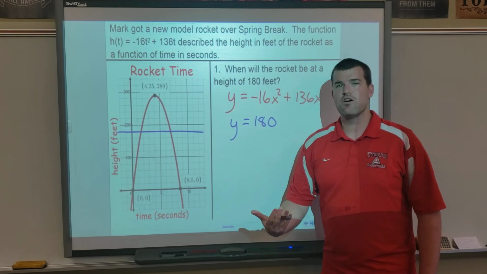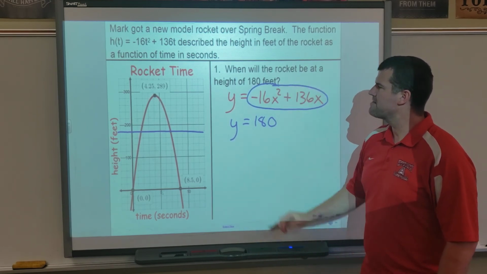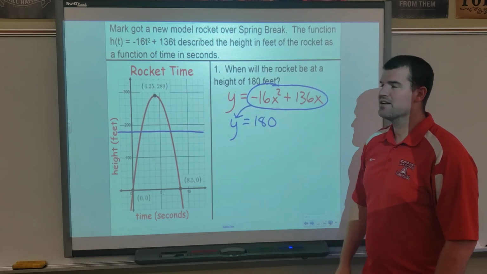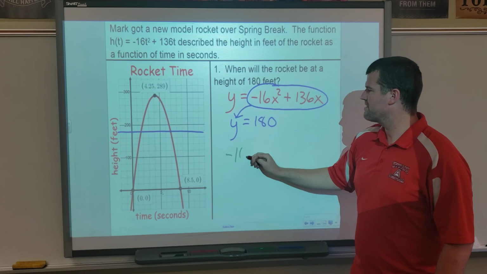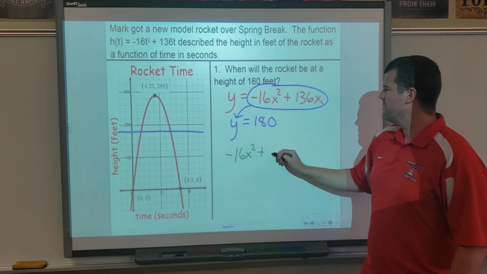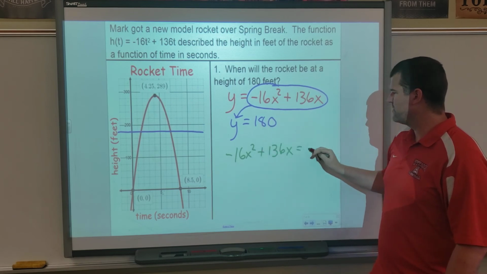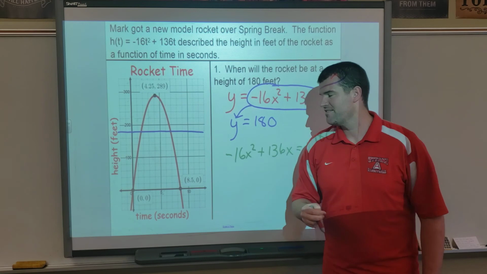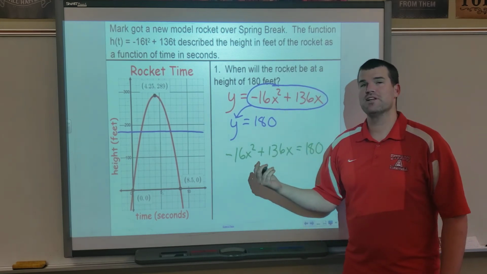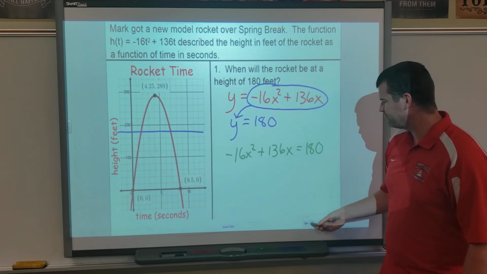And so to be able to solve this, I can substitute this in for y, because that's what y equals. And we end up with a new equation of negative 16x squared plus 136x equals 180. And you might be thinking to yourself, how am I going to solve this? Well, we're going to put it in standard form. We're going to use the quadratic formula, but not today.